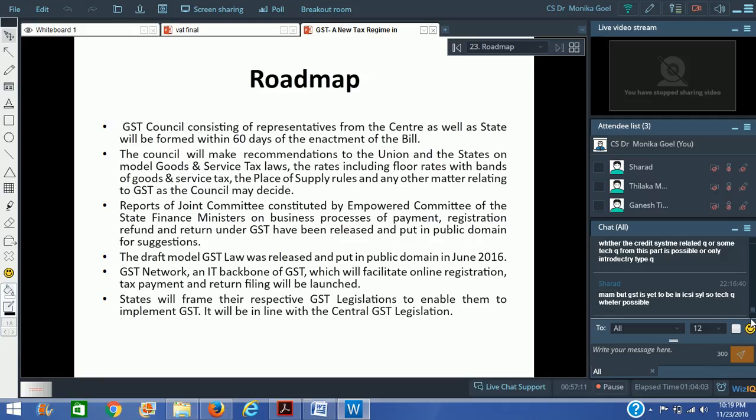They want to go one step beyond, I'm definitely expecting. But I feel that if they have to ask a better question rather than a theoretical one, they should ask a question on the set off of the various credits under GST. It can be a very small short question, but they can ask that.